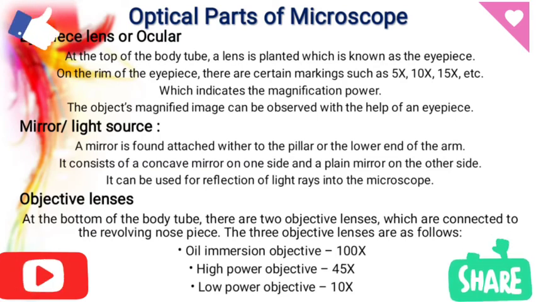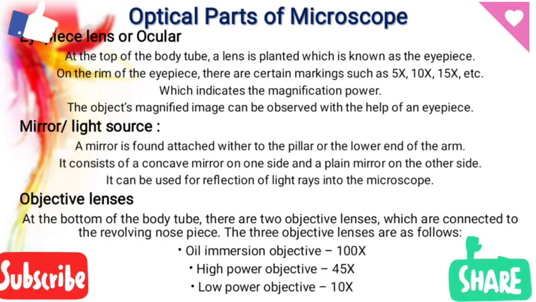The object's magnified image can be observed with the help of the eyepiece. Then we have the mirror or the light source. A mirror is found attached to the pillar at the lower end of the arm. It consists of a concave mirror or a light source which reflects light rays into the microscope.